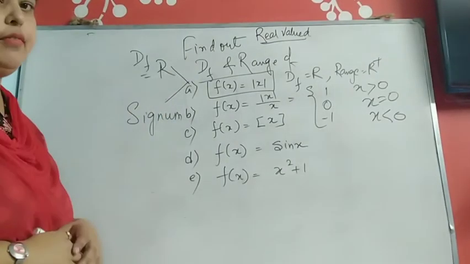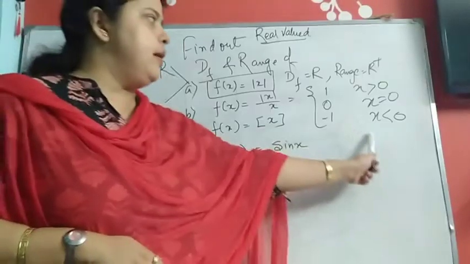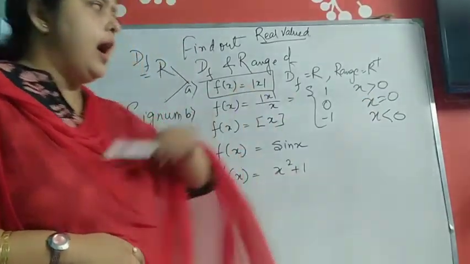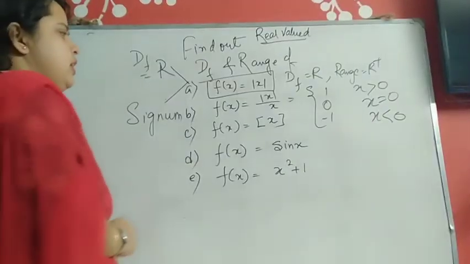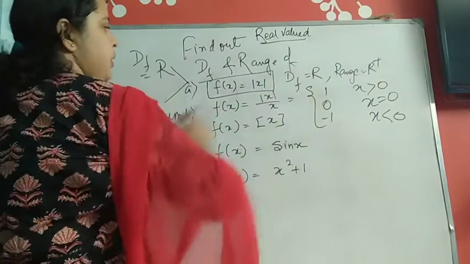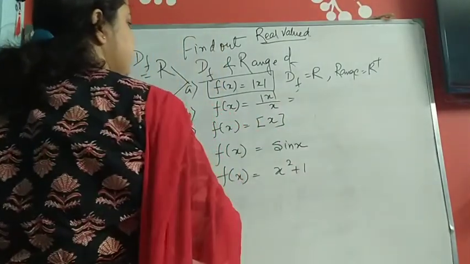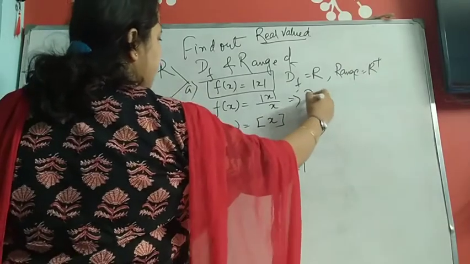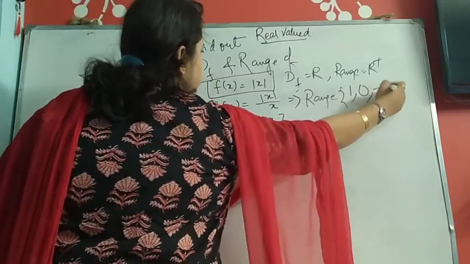Now you can very well define the domain. All the real numbers are the domain here. And you can very well define the range also just by looking at the answer. That is, we are getting three elements in the image set. That is, the range is 1, 0, minus 1.